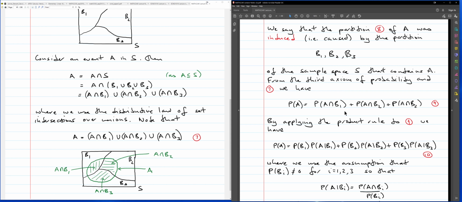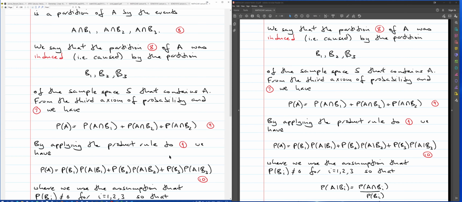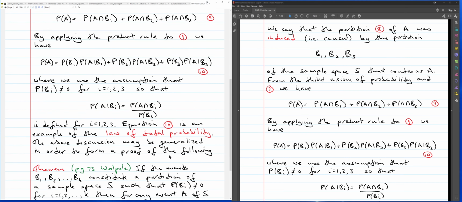Once you have that, you can use your product rule to write the probability of A intersect B1 as the probability of B1 times the probability of A given B1. Why would you want to write this probability of intersection as the probability of B1 times this conditional probability? Because that's usually just what's given in the question.